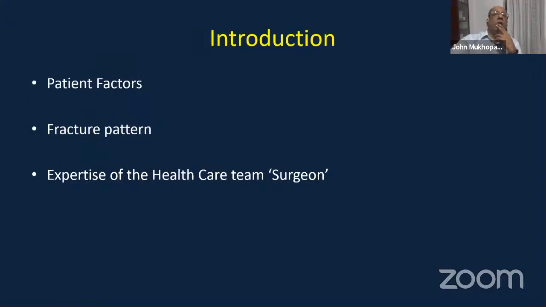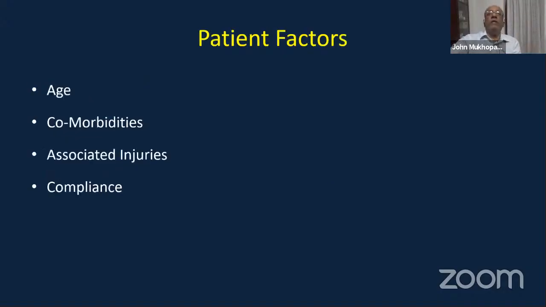Okay, so I think you need to look at patient factors, the fracture pattern, the expertise of the treating team, the healthcare team, in other words, the surgeon, and the kind of infrastructure he's working in to be able to come to your proper decision. So the patient factors include things like age, comorbidities, associated injuries, and also compliance. So I think you have to look at these.